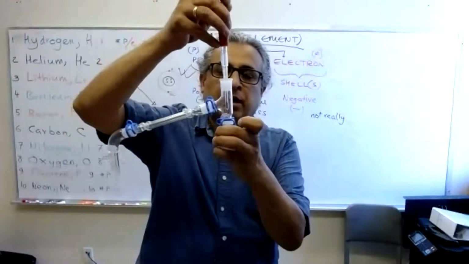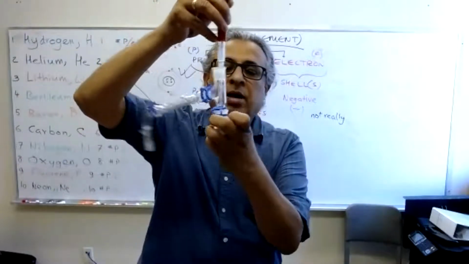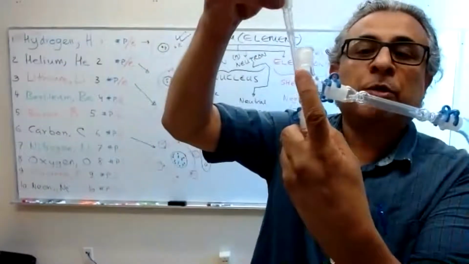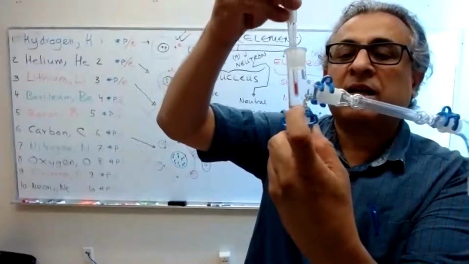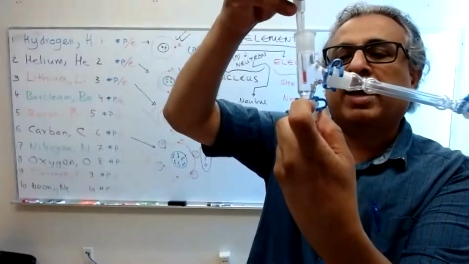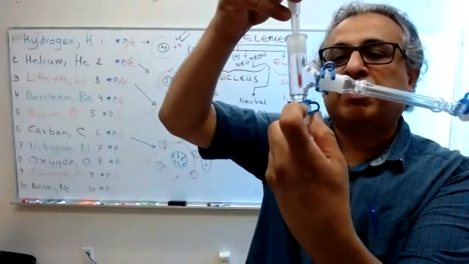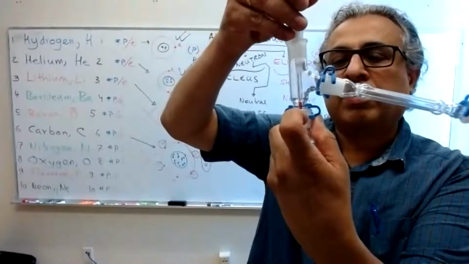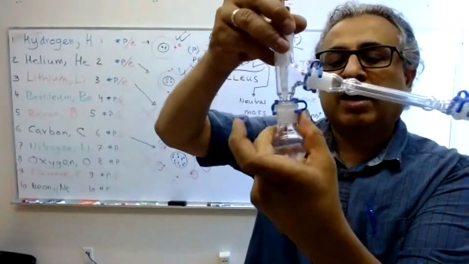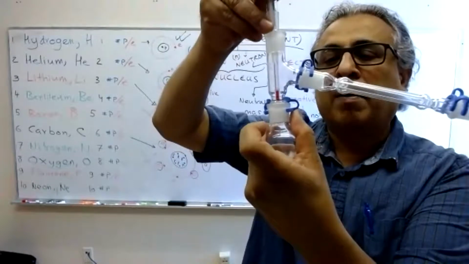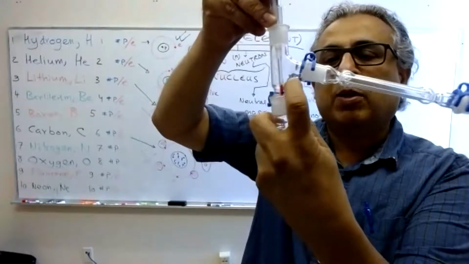The thermometer has to be embedded in such a way that the bulb, which should be heated by the gas, is right below this level. It should not be like this, because then it doesn't read the temperature properly. It should be down here, but not so far down that it touches the liquid. That's bad. The upper end of the bulb should be below this level.